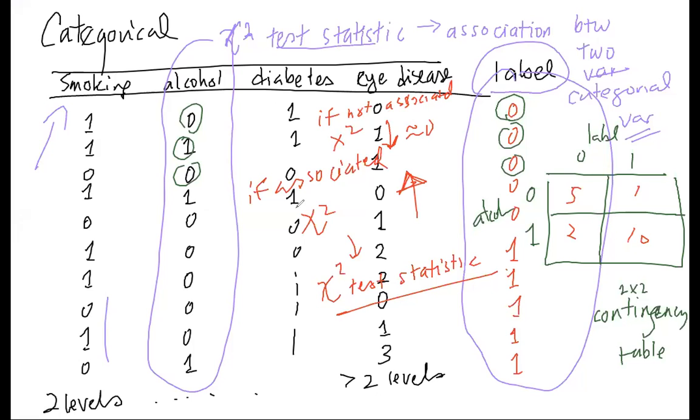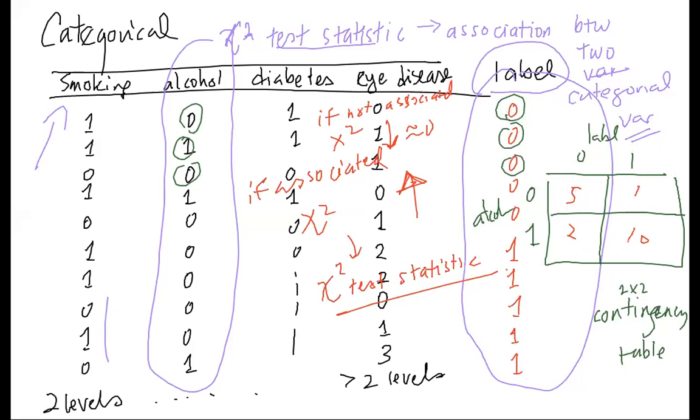Generally, how do you see whether there's a pattern without actually going into calculation? You can see whether there's association or not by checking the distribution of the counts in the table.